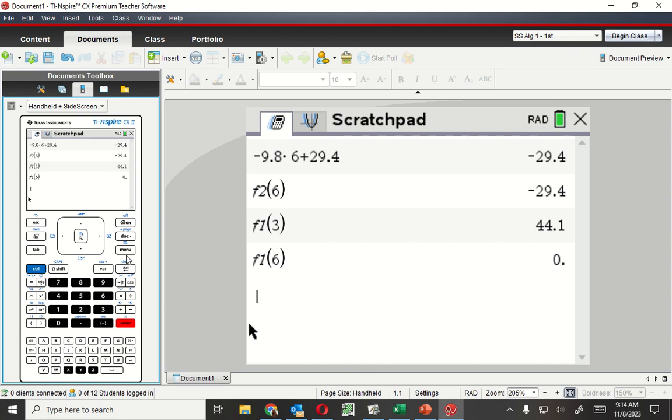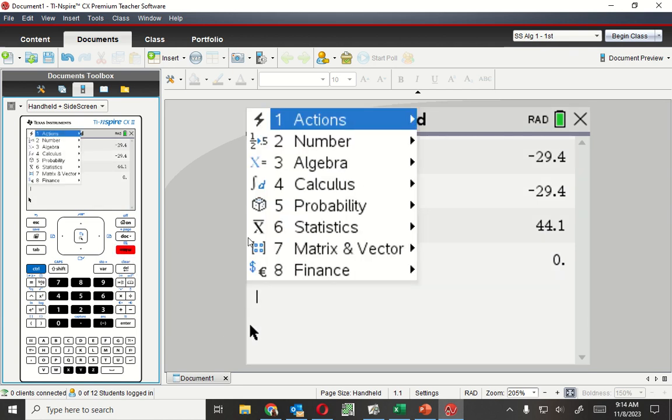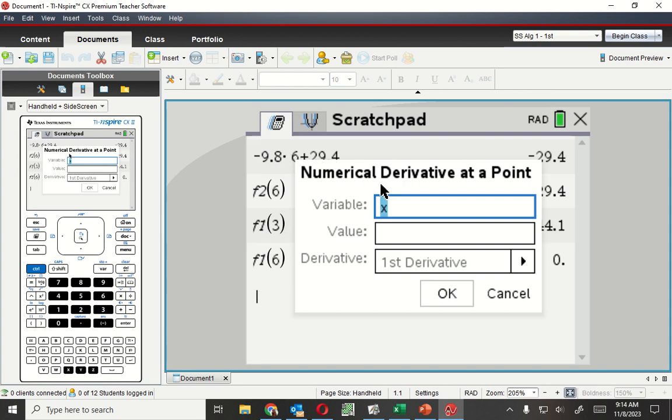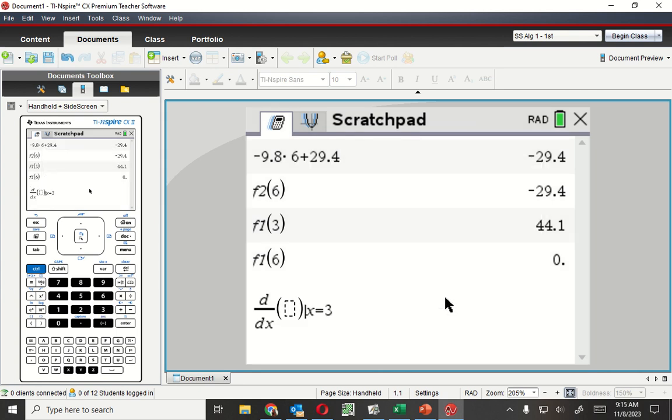So let's see, menu, calculus. What was my original function? Negative 4.9x squared plus 29.4x.